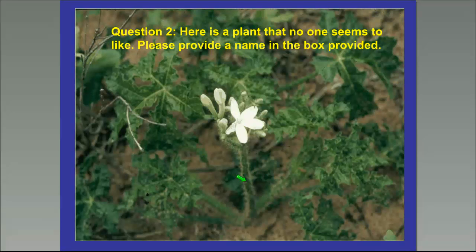And notice whether you get this plant right or not does not determine if you get your certificate at the end of the program. But I would suspect that master gardeners, master naturalists, and other rangeland ecologists are all going to get this plant's name correct.